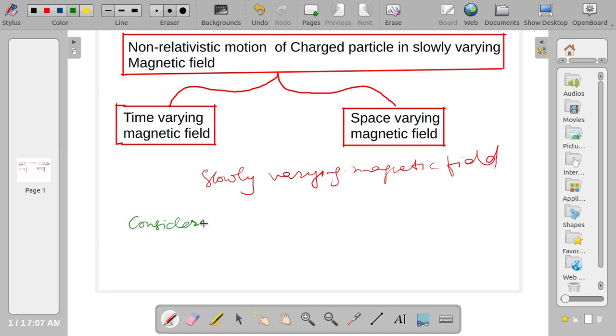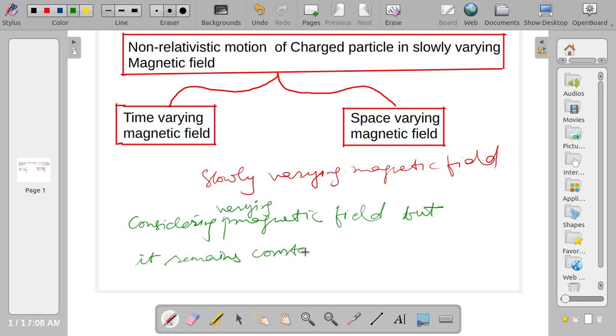It is a varying magnetic field, a magnetic field which is changing, but it remains constant over the Larmor period.